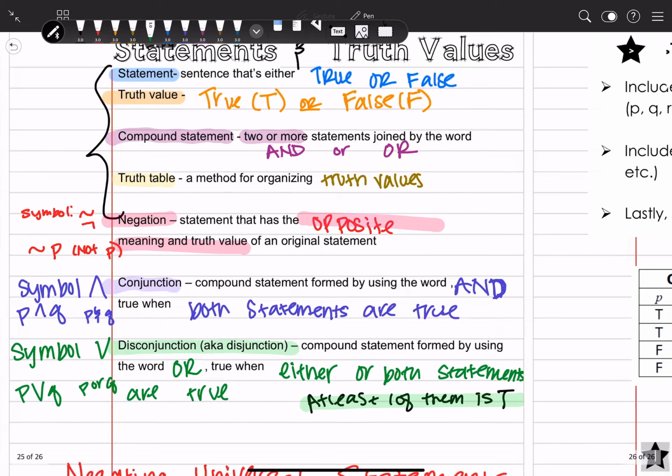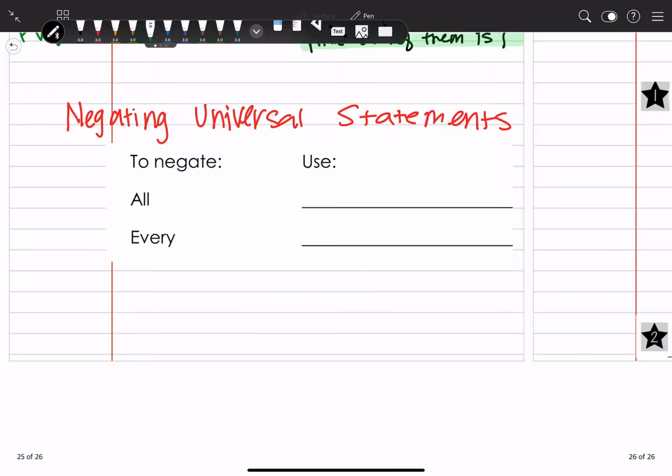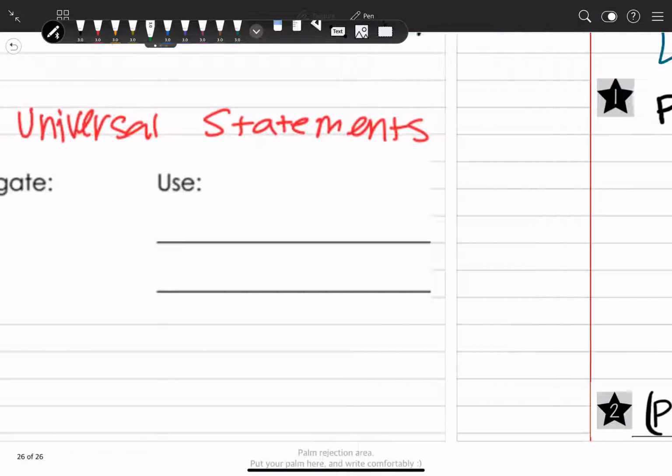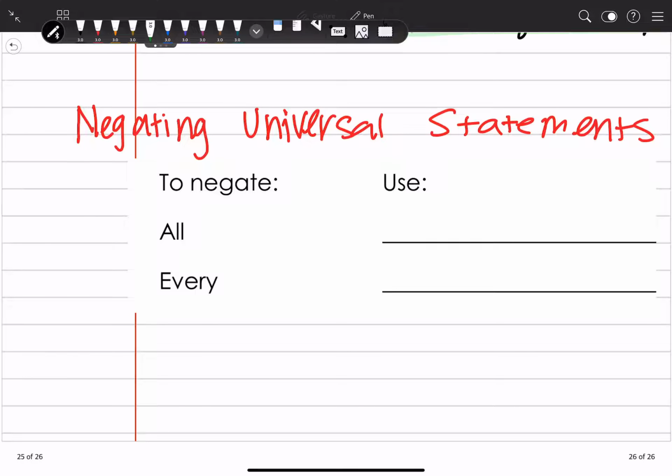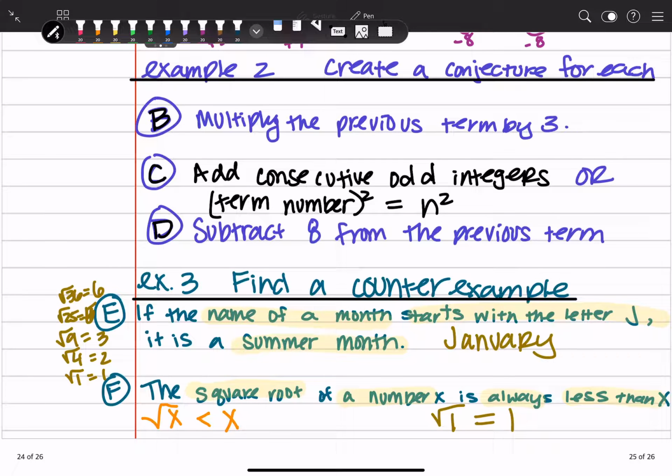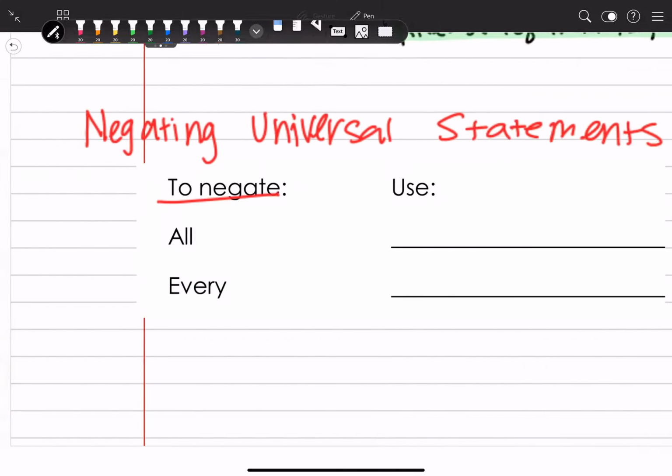All right, so these are the basics that you're going to need for your statements. We are going to be doing the truth tables. You see them a little bit on the right. It's all good. We'll get there. Now, sometimes you're going to have to end up negating words. They're going to give you a statement and be like, well, negate this. If you want to negate anything that has the word "all," and you'll remember we talked about that yesterday, the square root of a number is always, which means all the time.